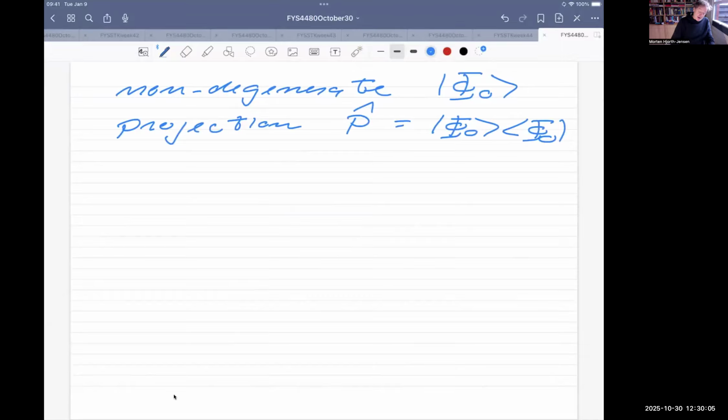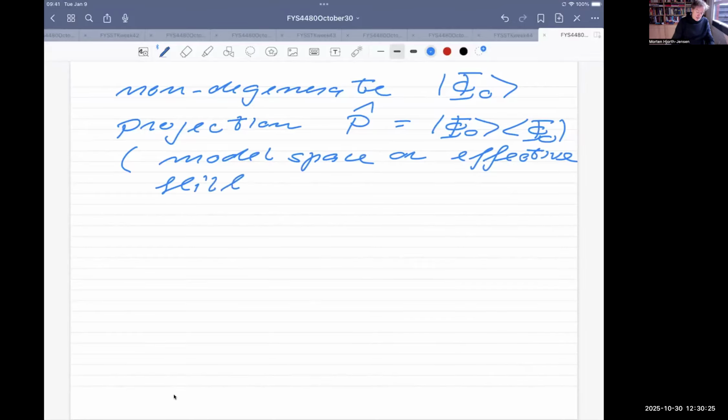Then this defines what we in perturbation theory often call an effective Hilbert space, or just a model space. So you will see these being used as synonyms. And those are the degrees of freedom which we are normally interested in studying.